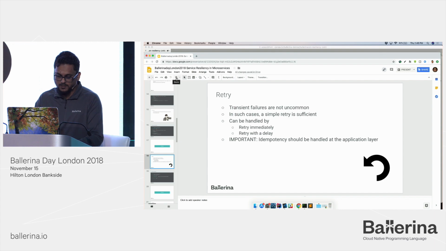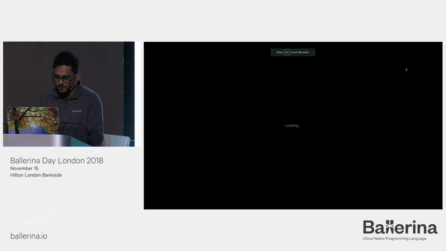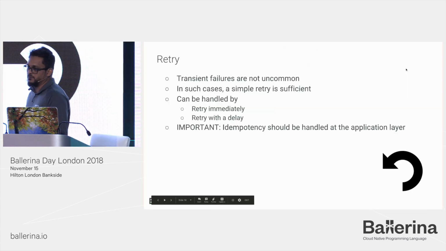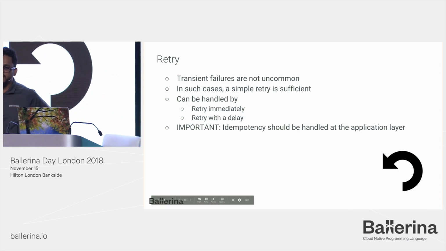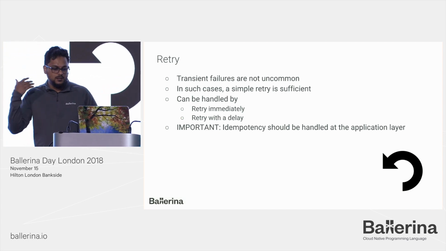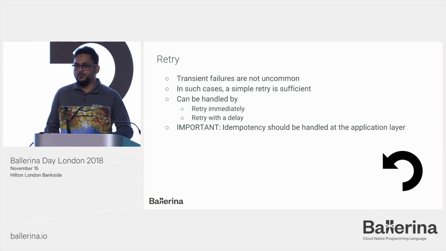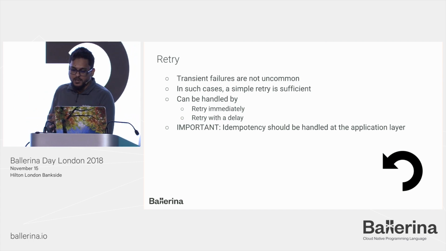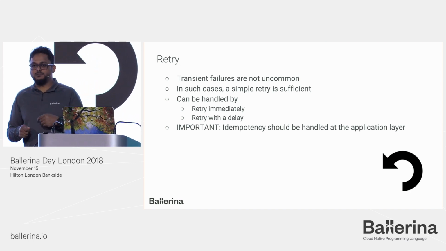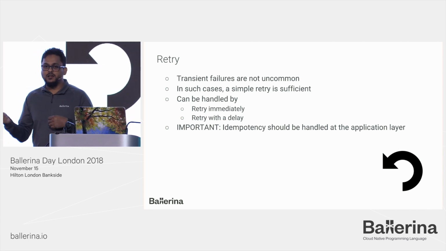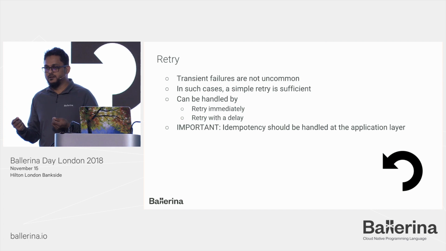So that was really simple. The next pattern is retry. Retry builds on timeout. In the first case, it timed out and it just returns the call to you, and you are supposed to handle the error as a developer. The second pattern is for when the network failures are intermittent, right?